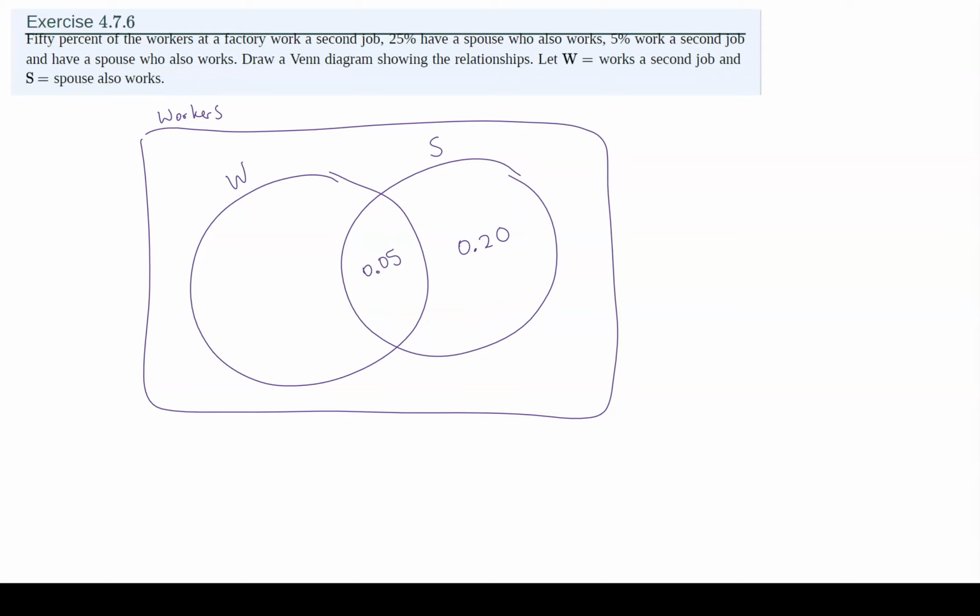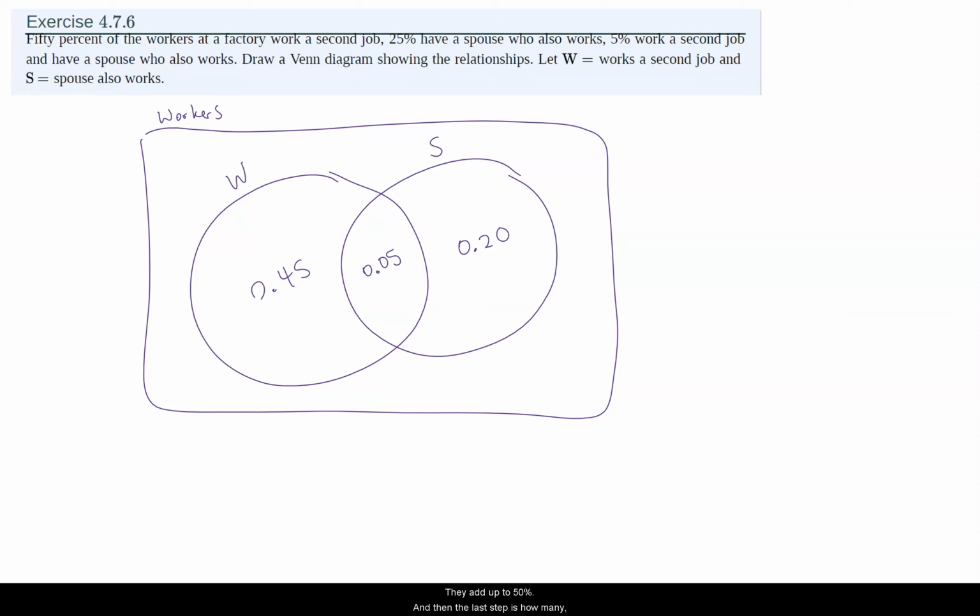Similarly, for set W, 50% work a second job. I already have 0.05 in there. Since I already have 5% in my working a second job group, I need 45% outside that intersection so that inside the workers, they add up to 50%.